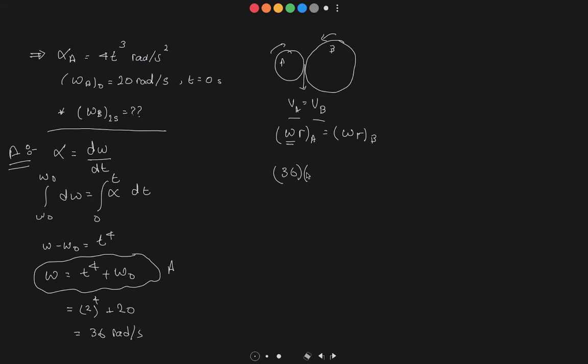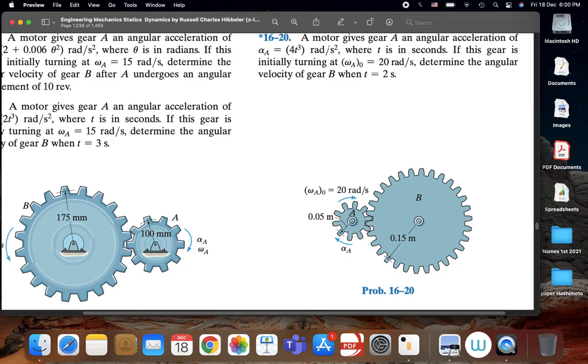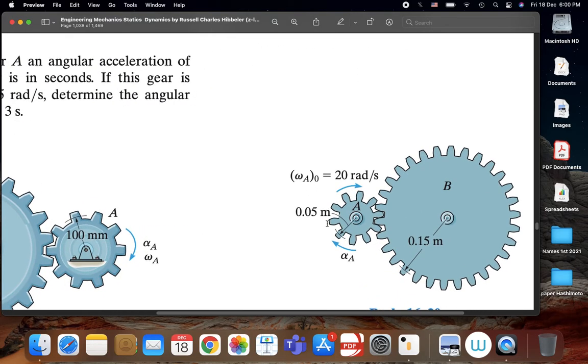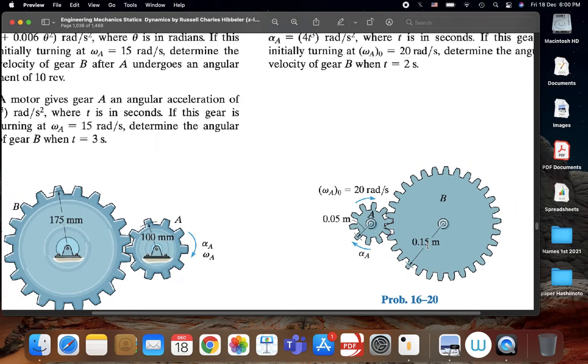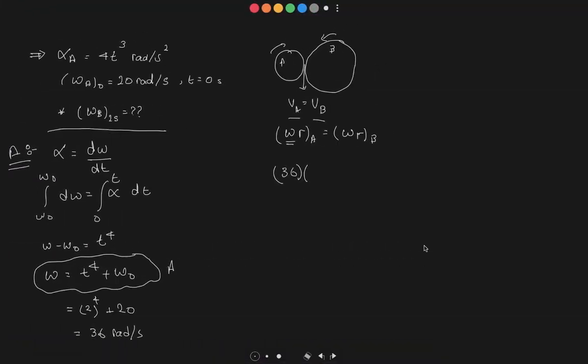Let's go back and check the radius of gear A. The radius of gear A is 0.05 meters, which is 50 millimeters, and it's 150 millimeters for B. So 50 and 150. The units of radius don't really matter here, since they cancel. We're looking for omega B. So 36 multiplied by 50 millimeters equals omega B multiplied by 150.